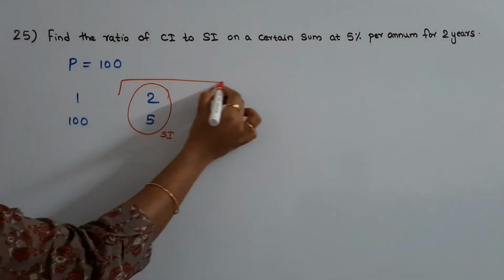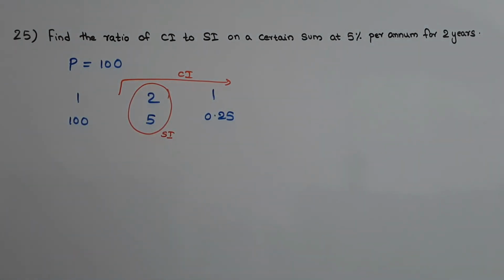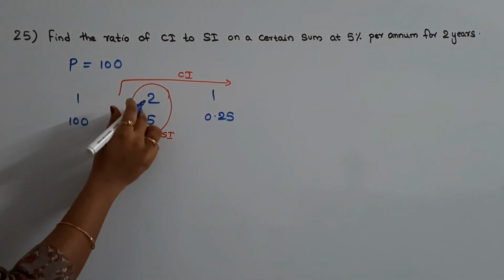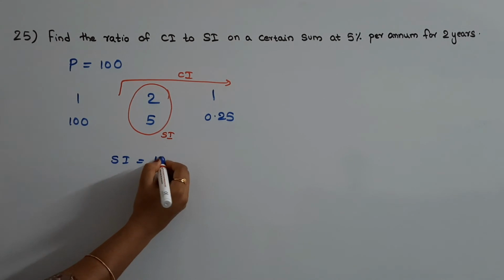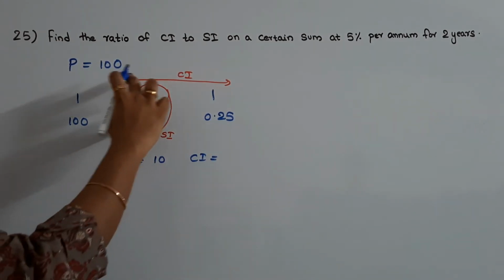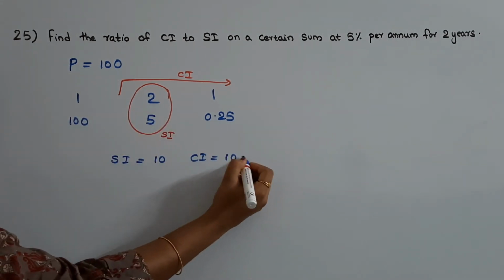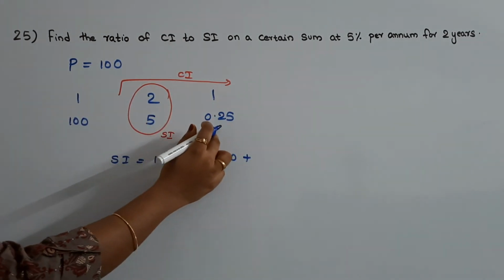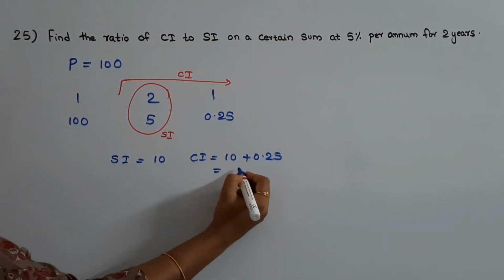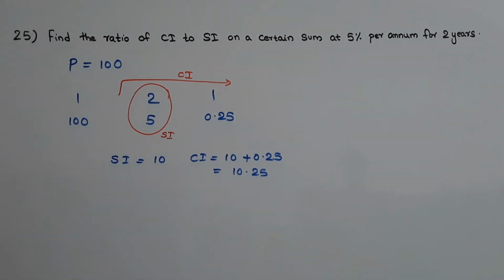This whole part is for compound interest. Now simple interest will be equal to 2 into 5, that is 10. Compound interest will be equal to this whole part, that is 2 into 5, 10, plus 1 into 0.25, that is 0.25. Hence compound interest will be equal to 10.25.